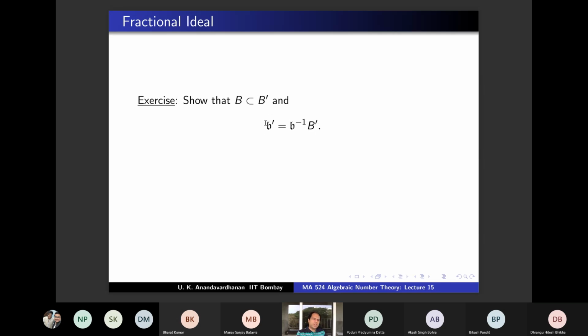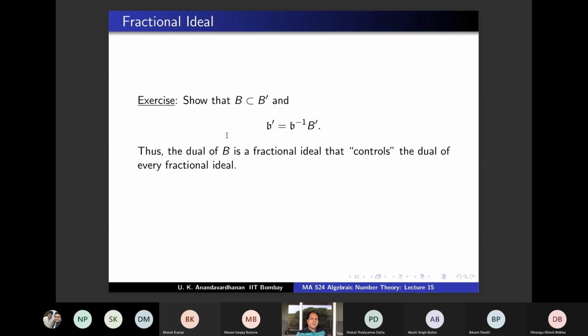So the dual of a fractional ideal has another description in terms of the dual of the unit ideal and the inverse of the fractional ideal. So please check that also. It's immediate from the definition. I saw this nice English sentence expressing this relationship: the dual of the unit ideal is a distinguished dual, in the sense that it is a fractional ideal that controls the dual of every fractional ideal.